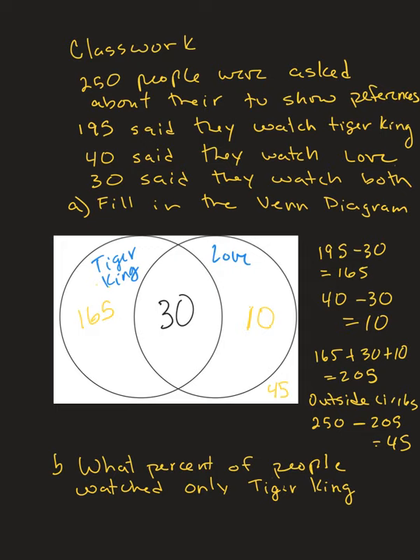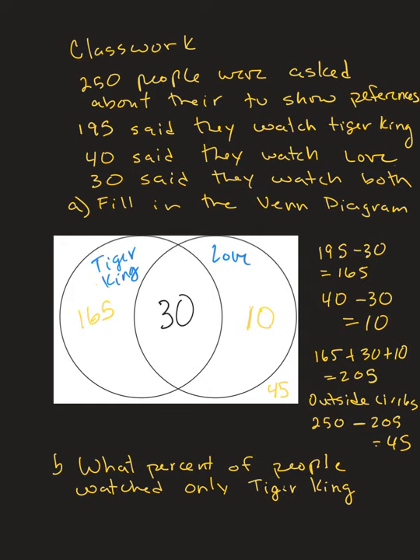So now if you want to double check your answers, you can do it in the calculator. So if I want to check, I'll do 165 plus 30 plus 10 plus 45, and that should add up to 250, which it does.